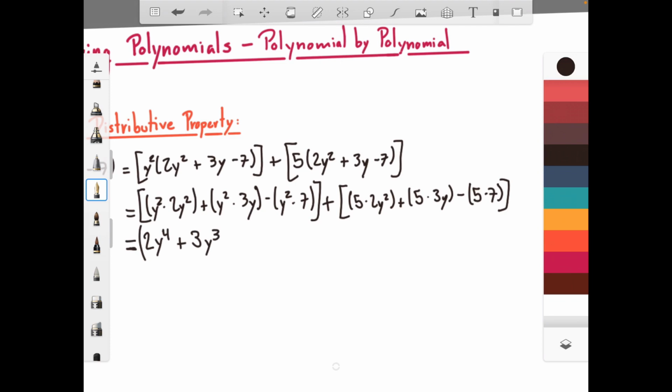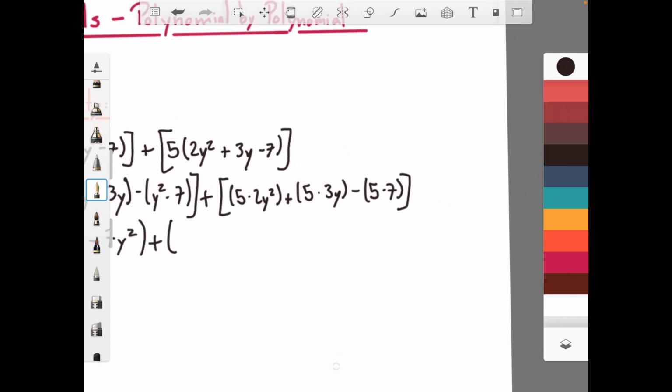And now we have a minus 7 and y to the second power. Okay, and now we're going to add that to 5 times 2 is 10, y to the second power, plus 5 times 3 is 15y, and 5 times 7 is 35.